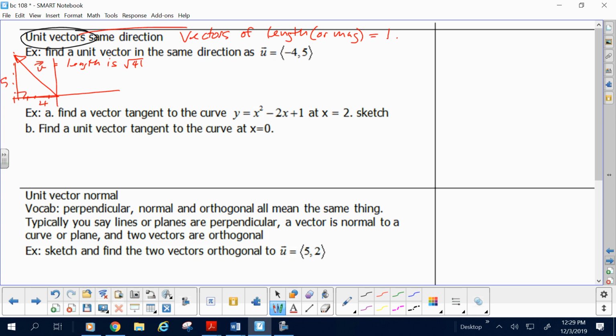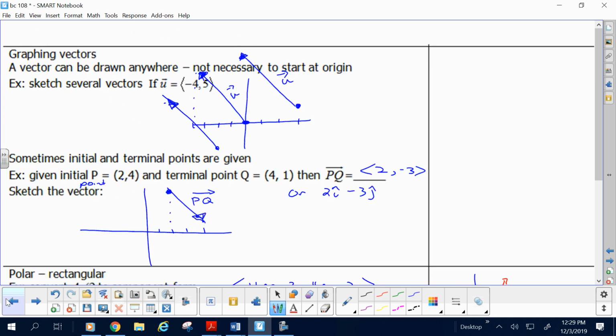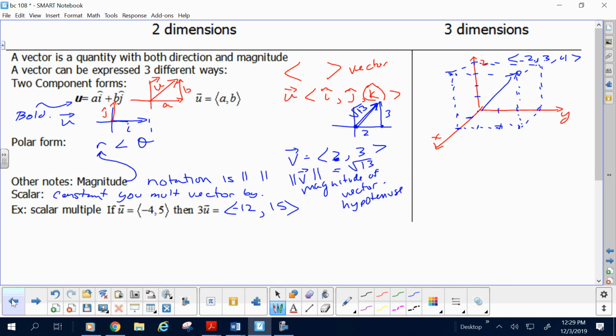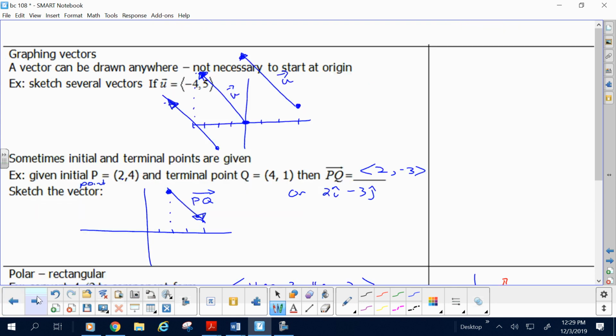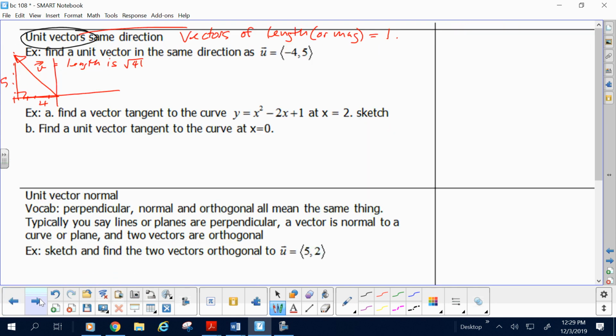Back in the scalar part, remember when you multiplied by 3, this stretched it or made it longer? Well, how will you make it shorter? Instead of multiplying, you divide. Now, the question is, what do we divide by? Divide by the length, the magnitude.